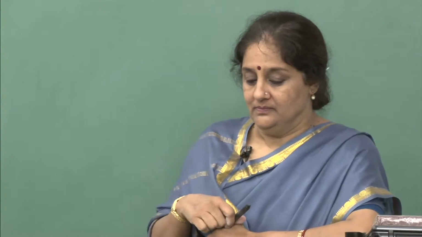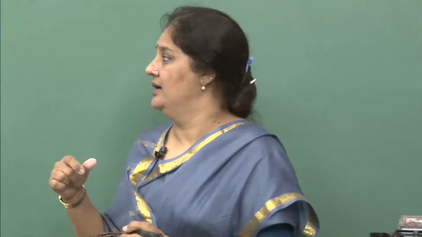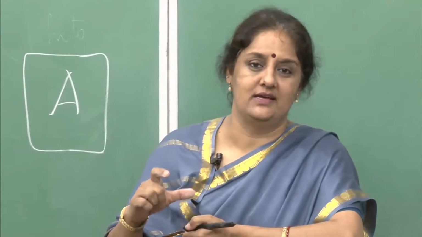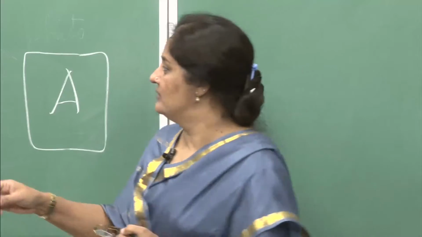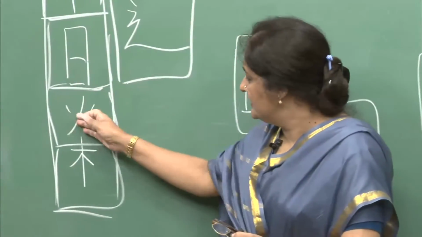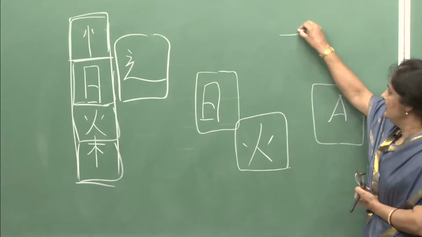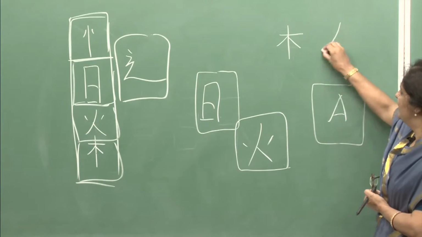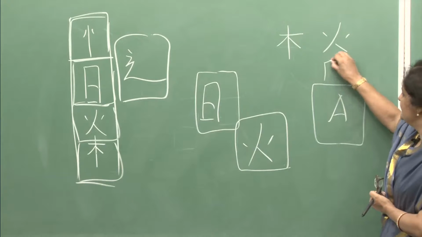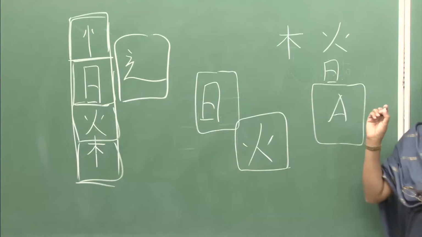Now, a radical can be a kanji itself. For example, you can see over here, these three are all single kanjis also. This is ki, as you know, this is fire, we just did, and this is nichi, which is sun.